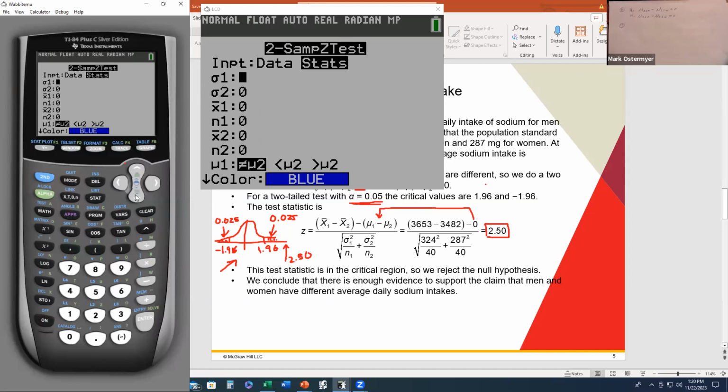So what is the population 1 standard deviation? Well, it is known to be 324. That's for the male population. For the female population, the standard deviation is known to be 287. The male mean amount of sodium intake from the sample that we selected was 3,653 milligrams.